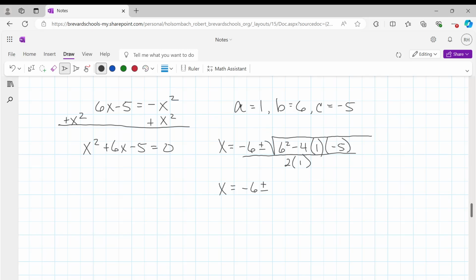All right, everything under the radical, we go 6 squared minus 4 times 1 times 5 negative, and I get a radical 56, all over 2.